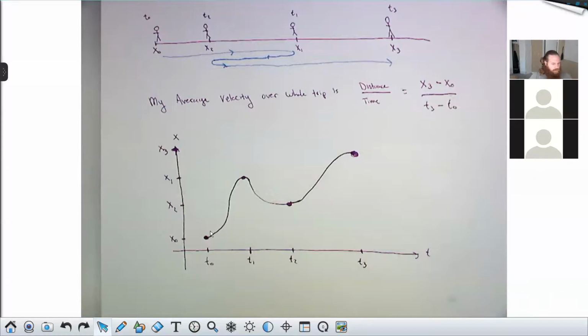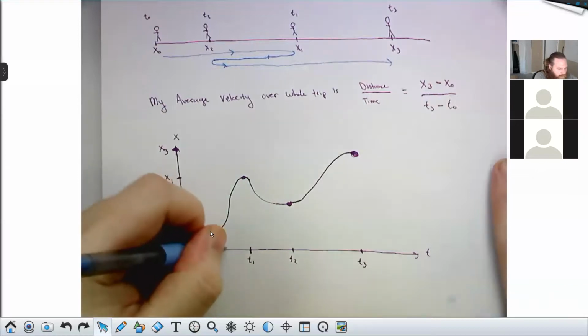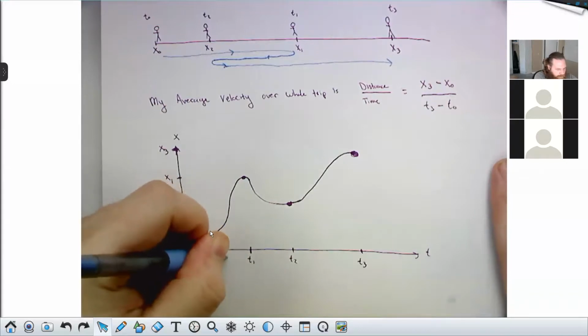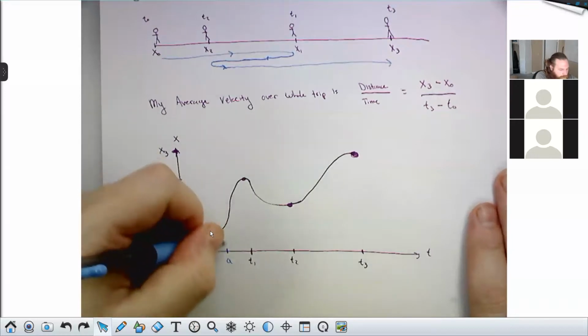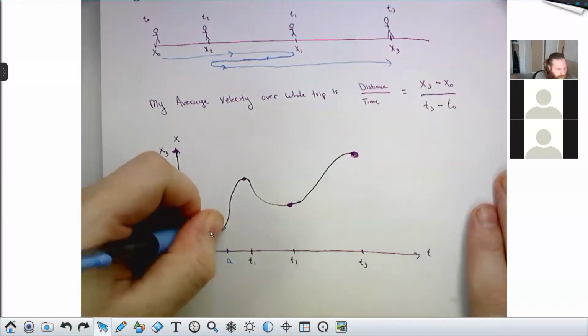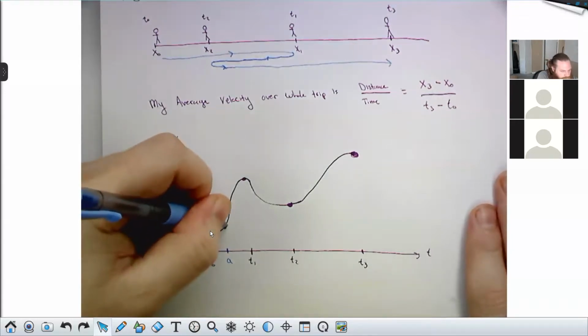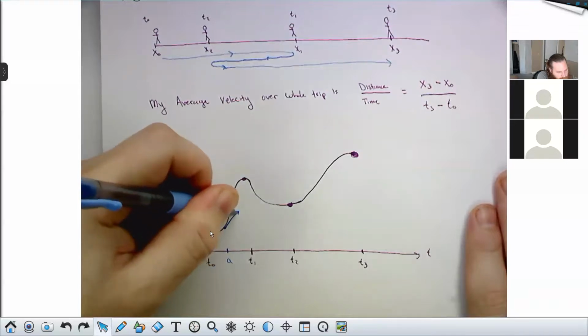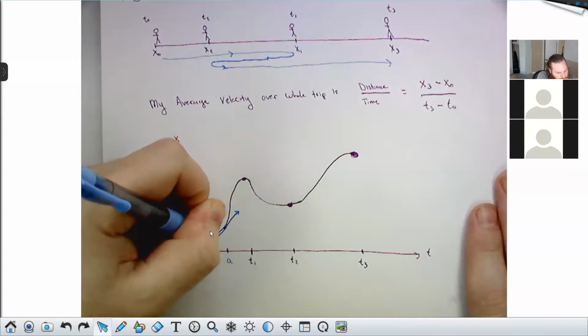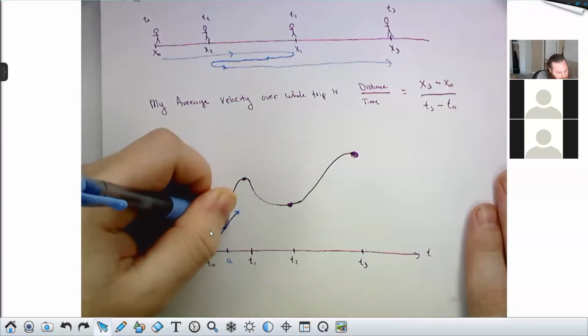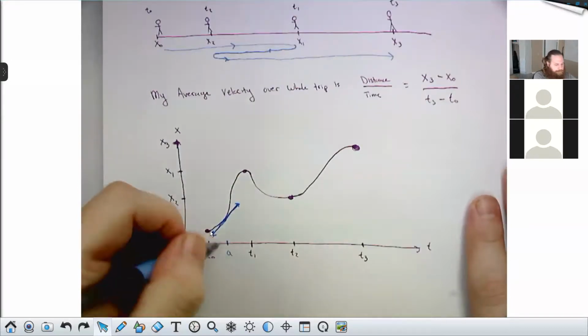So if I wanted to know my speed at a particular time A in between T0 and T1, I would need to come in here and find the slope of the tangent line at that point. This would be the instantaneous velocity.